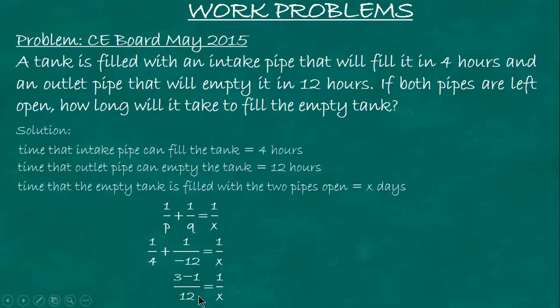LCD is 12. 12 over 4, 3 times 1. 12 over negative 12, negative 1 times 1, that's negative. And then simplify: 2 over 12 equals 1 over X. So obviously X equals 6. After 6 hours, the tank is filled.